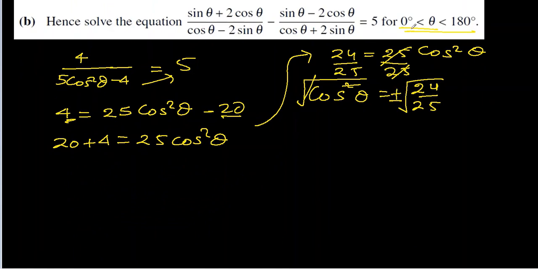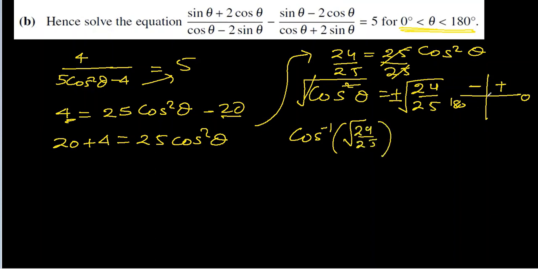Alright, since we need to look for the answers from 0 to 180, let's look at our quadrant. This is 0, this is 180. Cos is positive here, cos is negative here. So both of them will be taken into account. First, let's put cos inverse square root 24 over 25 in a calculator and try to find the acute angles in these respective quadrants, which will give us the answer.